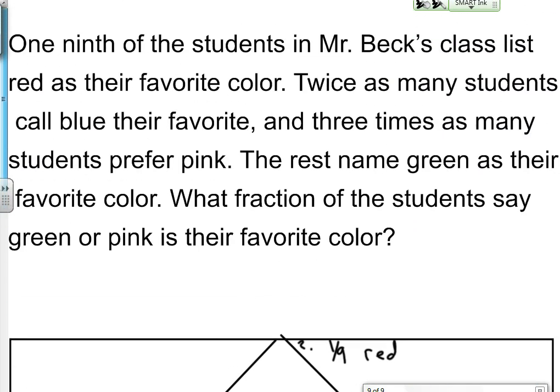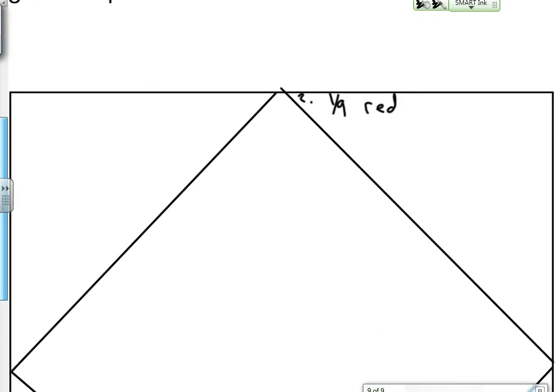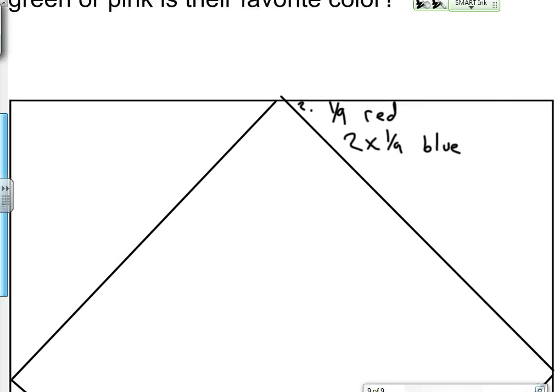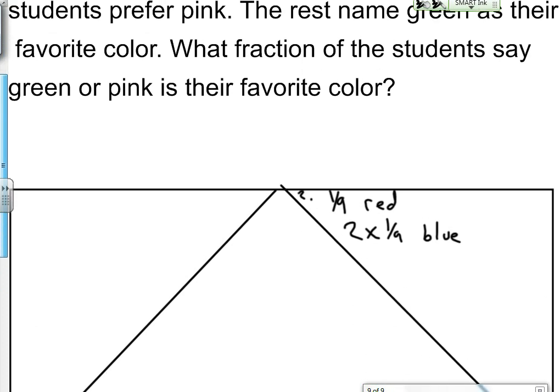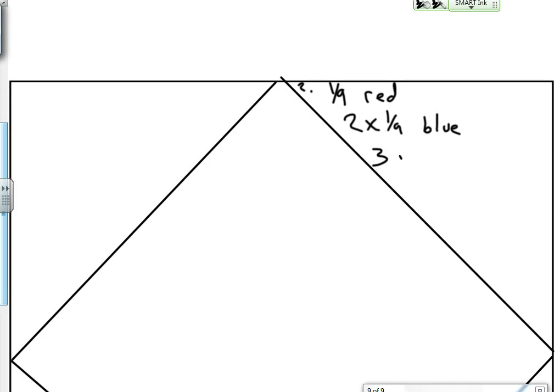We know that twice as many are blue, so that would be 2 times 1/9 blue, and 3 times pink. Okay, we also know that the rest is green.